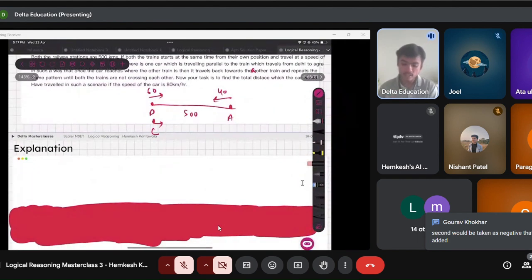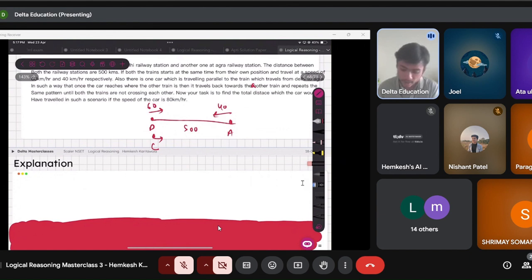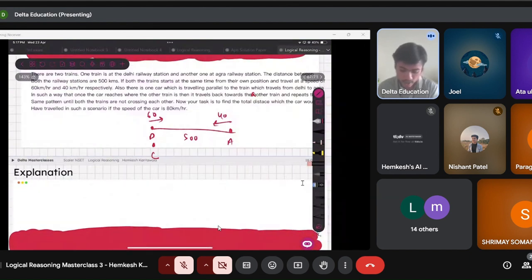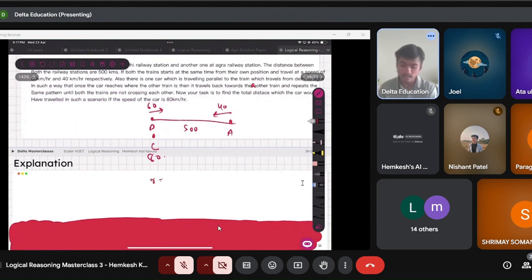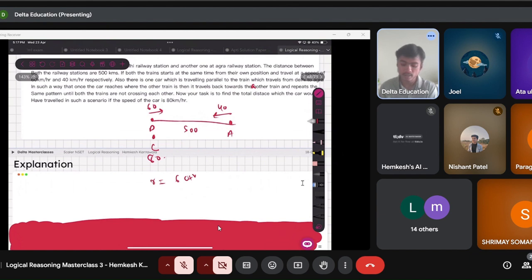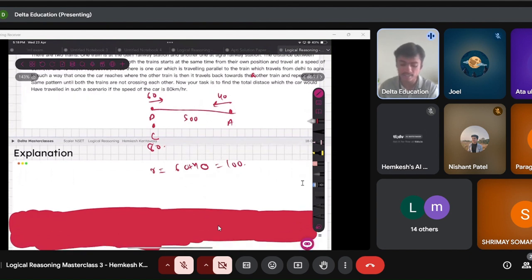So the car is moving in this direction with a speed of 80 kilometers per hour, as from the question it is said. So if we solve, we would find the relative velocity to be 60 plus 40, which is 100. The relative velocity is 100, distance is 500. So we could easily get the time, which is distance upon speed. Distance is 500, speed is 100.